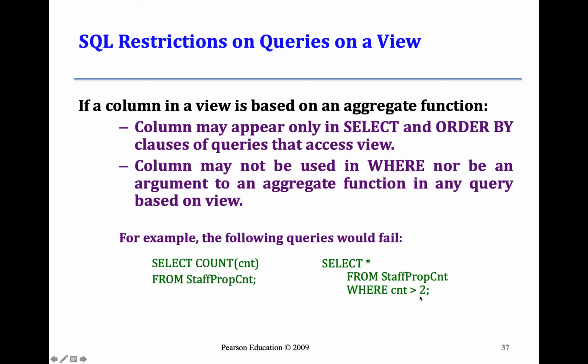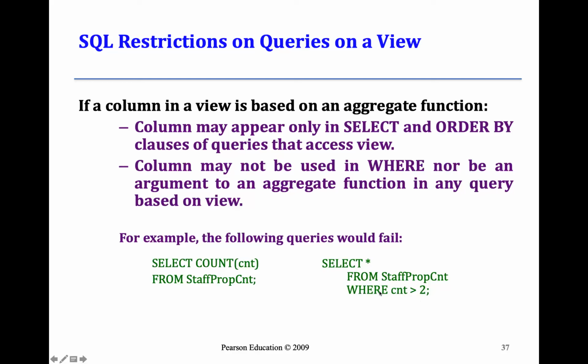And if you think about it, the reason you can't do that is because it would be illegal to do this in a regular query. You can't use aggregated operations in a where clause. You can only use them in a having clause.